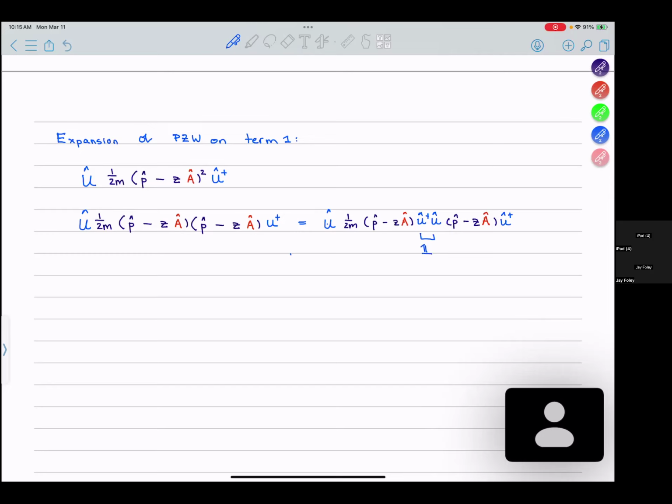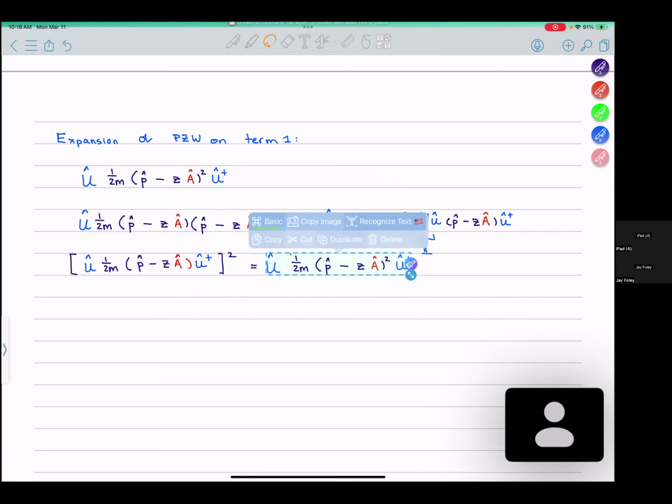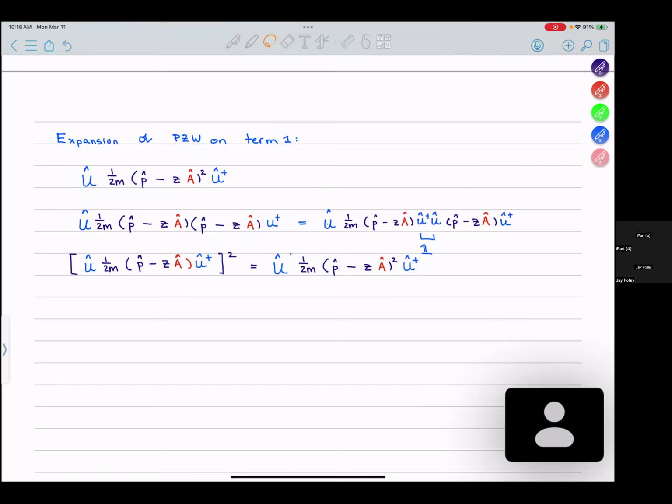So, in other words, what I can do is take the transformation on just p hat minus z a hat, and square that result, and that's the same thing as this.